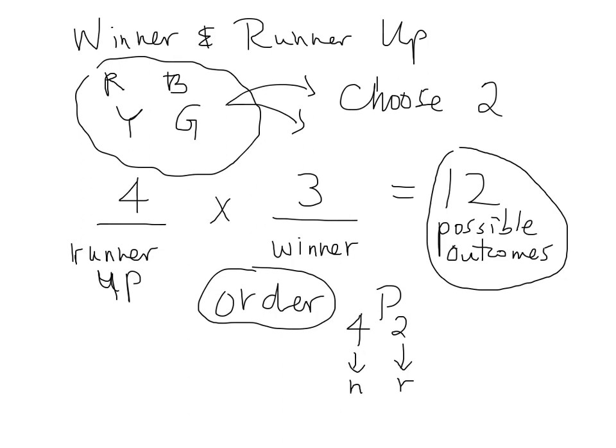If you choose a pair of two contestants out of 4 and the order doesn't matter, you only end up with 6 pairs. So 4 permutation 2 is 12, but 4 combination 2 is just 6.